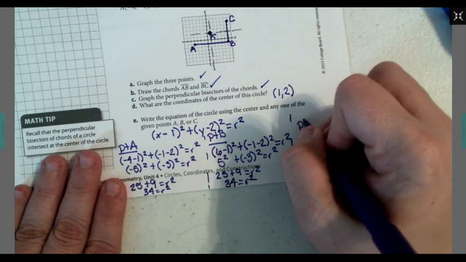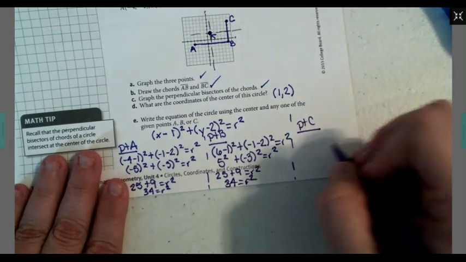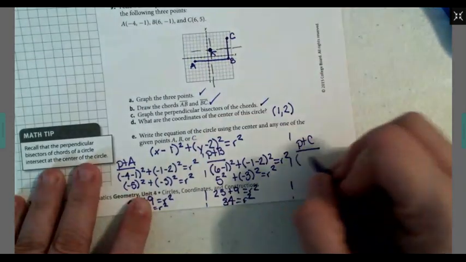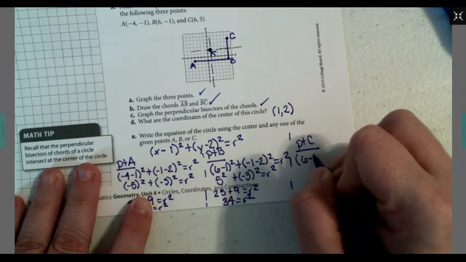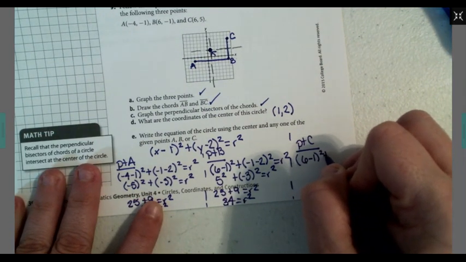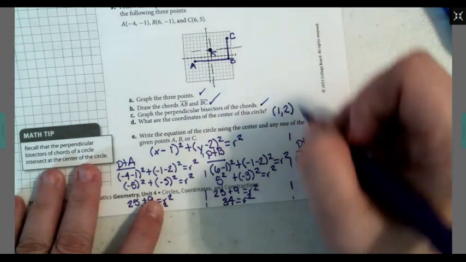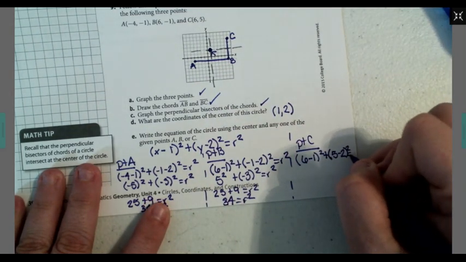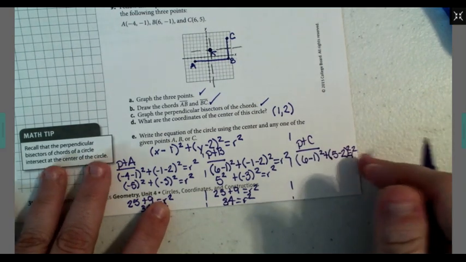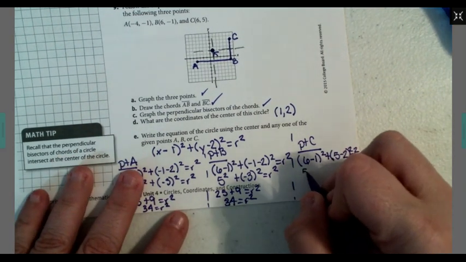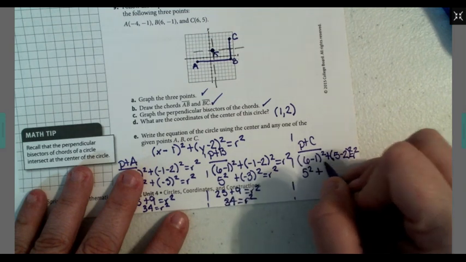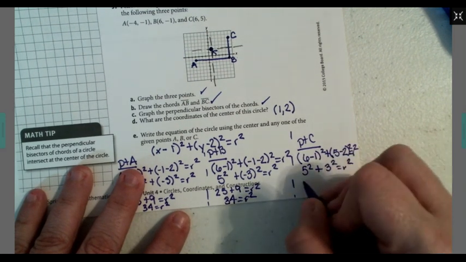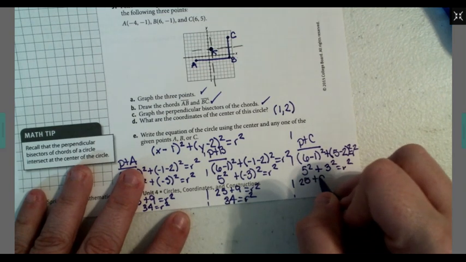Let's try point C. We have (6 minus 1) squared plus (5 minus 2) squared equals r squared. That's going to be 5 squared plus 3 squared equals r squared. 25 and 9.